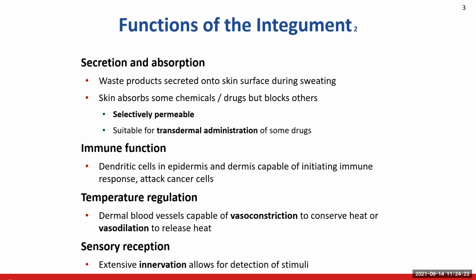Another function is temperature regulation. We talked about that. Just a quick review, right? When things get too hot, for example, you're outside exercising or laying in the sun, and you start to sweat. Your blood is going to go to the surface of your skin.